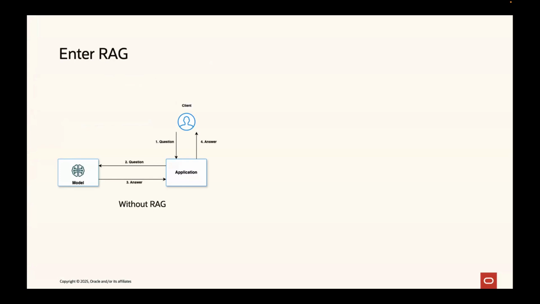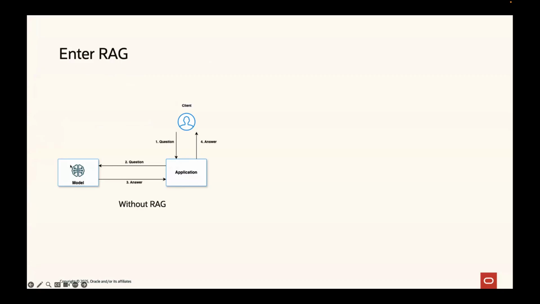So when you have RAG, this is the normal flow. If you have, let's say, a chat interface, the most common one is you ask it a question, and the chat interface sends it to the LLM.